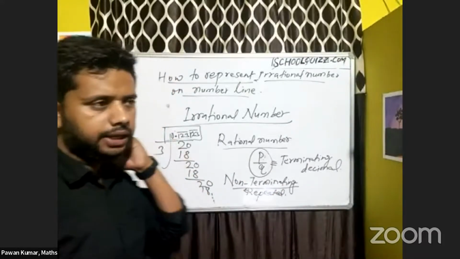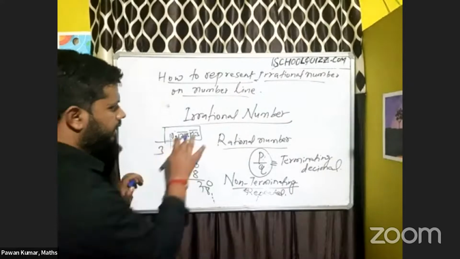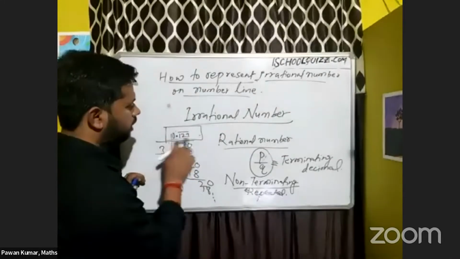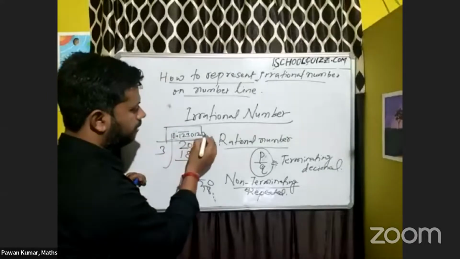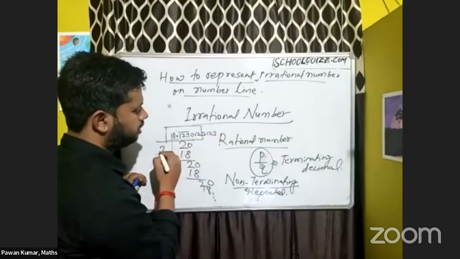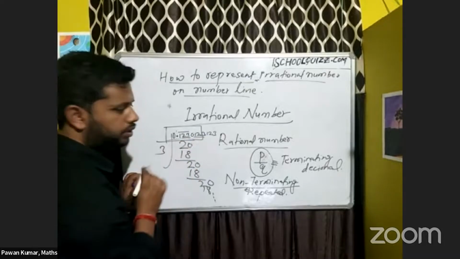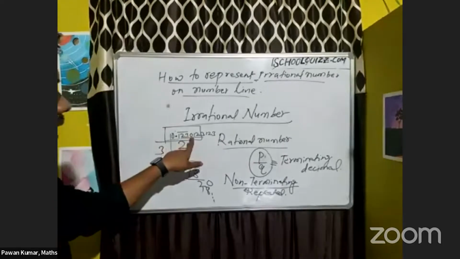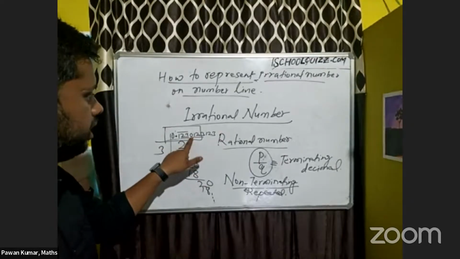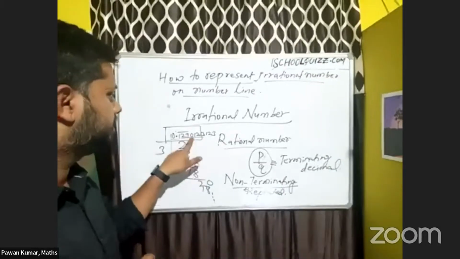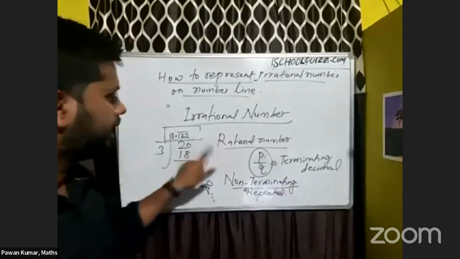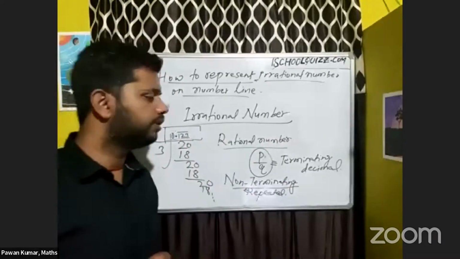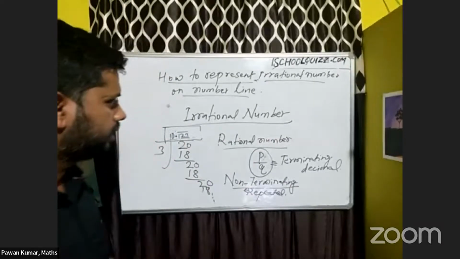Suppose I get 1 2 3, then 0, then again 1 2 3. This is not repeating, because there is an extra 0, so I can't say the number is repeated after the decimal. Only if the number is non-terminating and repeating can we convert it to a rational number.